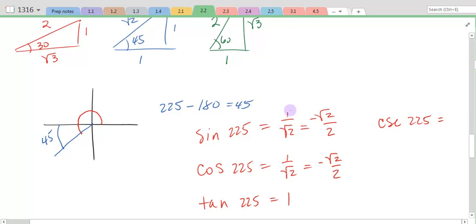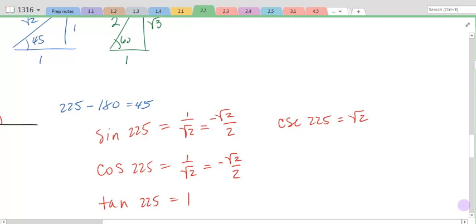Cosecant of 225 would be the reciprocal of sine, so that's just going to be the square root of 2. And again, it is negative. Secant of 225 is the reciprocal of cosine, which is negative square root of 2. And cotangent, which is the reciprocal of tangent, which is 1.